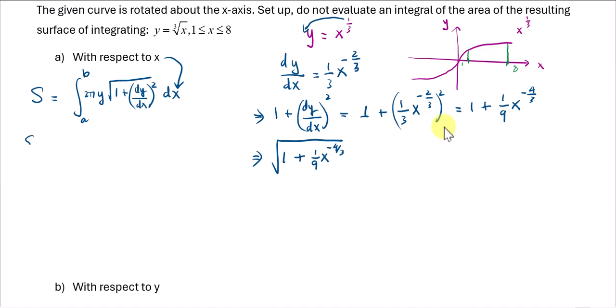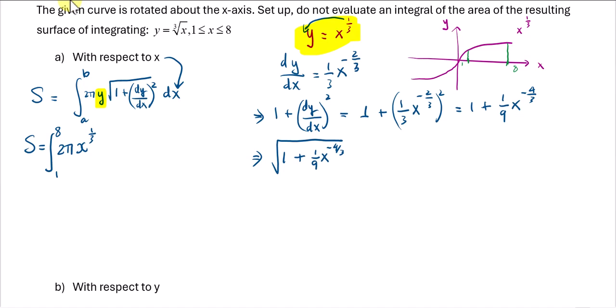Alright, so I'm going to go back over here. We know we go from 1 to 8, and then 2 pi. Remember, we still have the y right here, and that y is actually this function. Everything must be in terms of x. So this is going to be x to the 1 over 3 power, because that is the function of y.